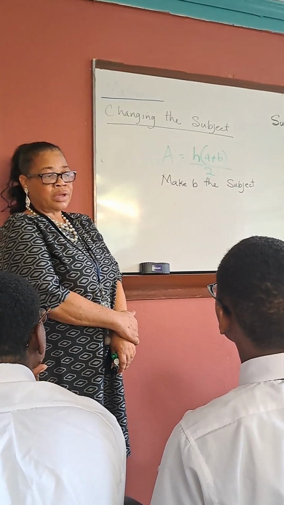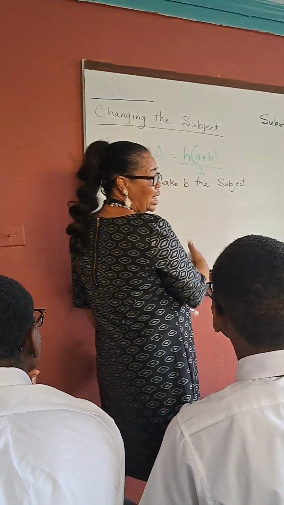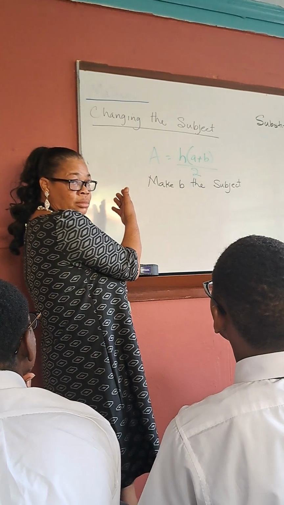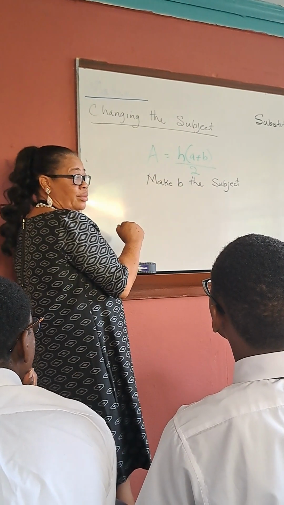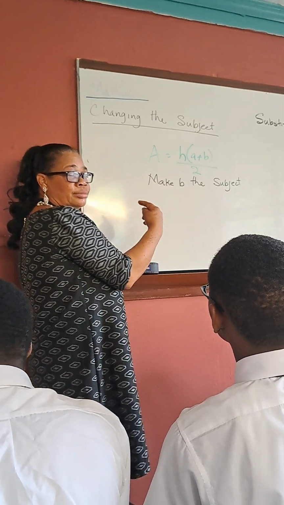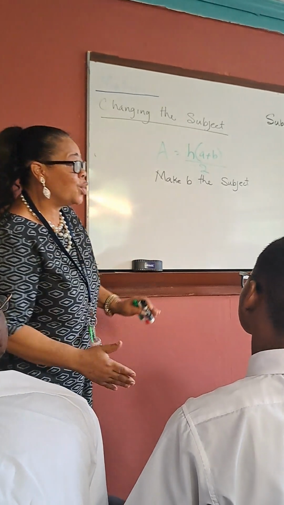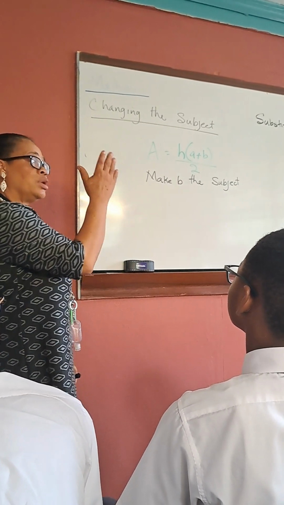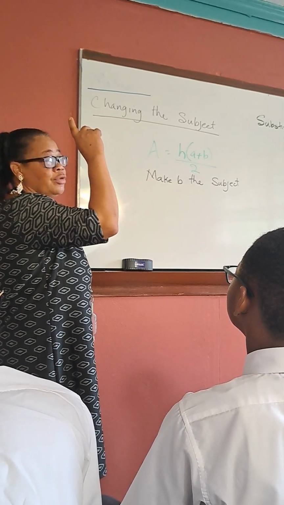B has many friends over here now, and A doesn't have any friends. I'm going to take away all the friends that B has and make them friends of A.